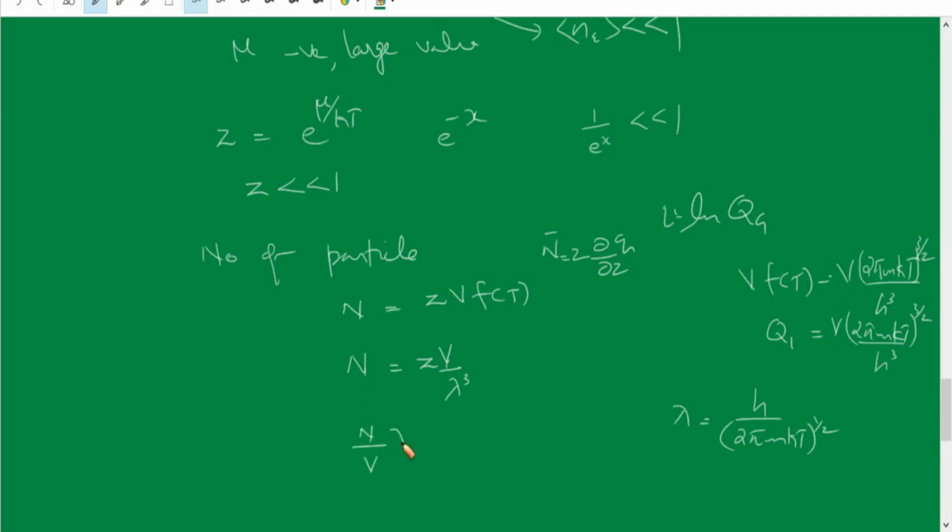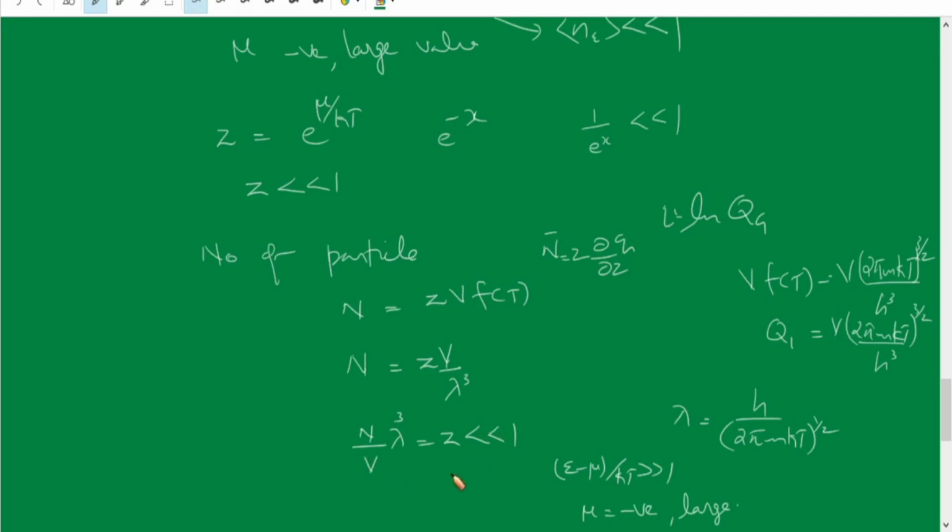N divided by V lambda cube is equal to Z, which is very much less than 1 when (E minus mu) divided by kT is very much greater than 1. When this is very much greater than 1, that means mu is negative and large. At that time we get this expression.